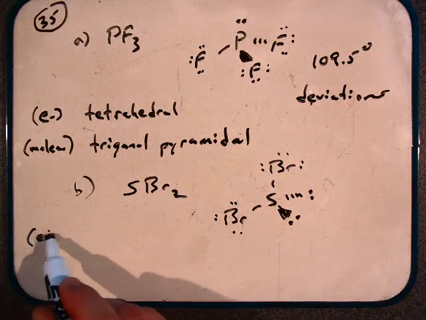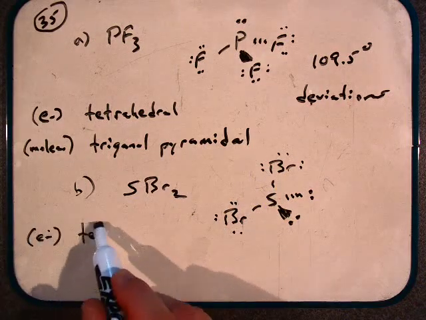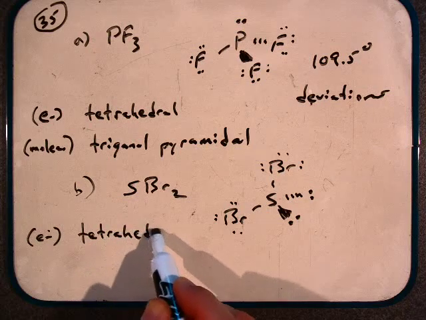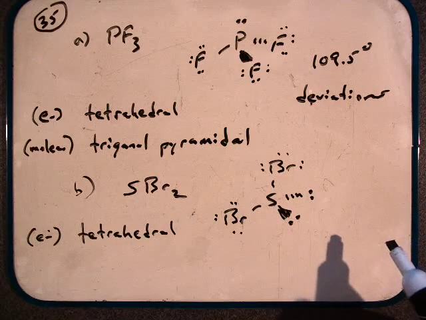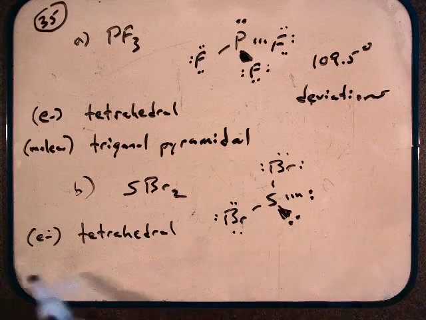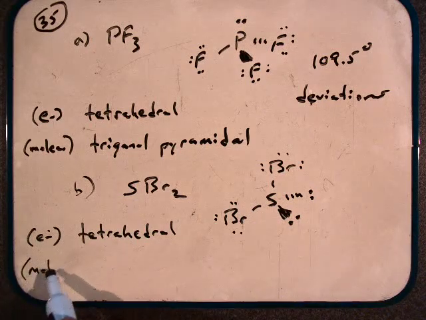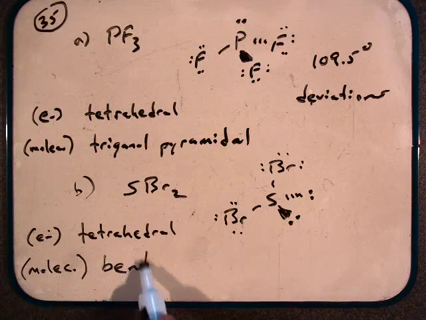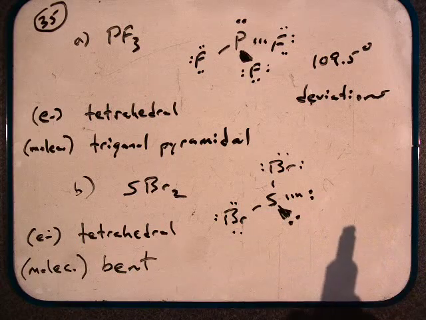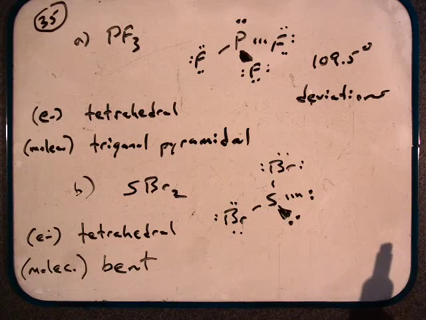And our electronic geometry here again would still be tetrahedral. Just like with part A, we have four groups surrounding that central element, in this case sulfur. But our molecular geometry would be bent when we take those lone pairs out of the picture.